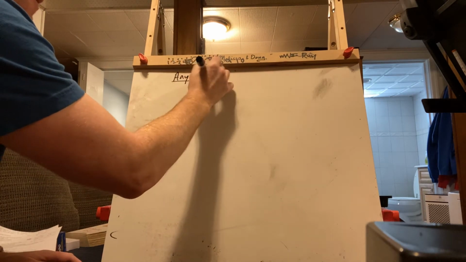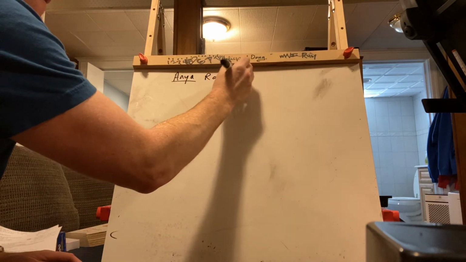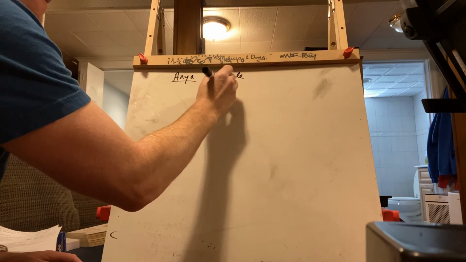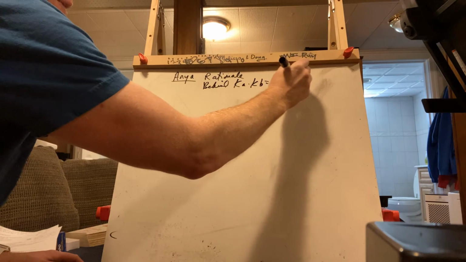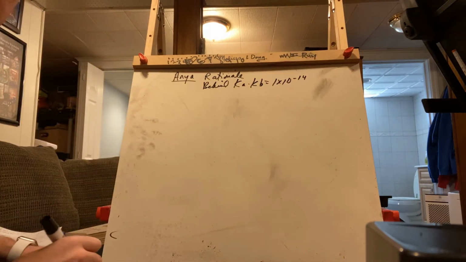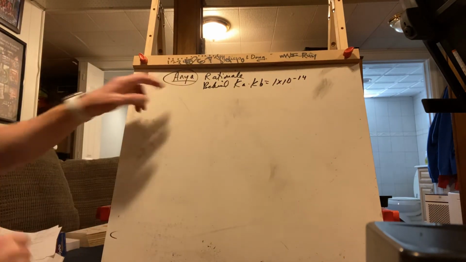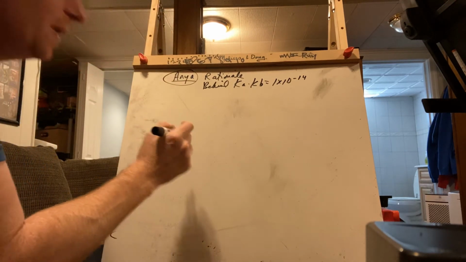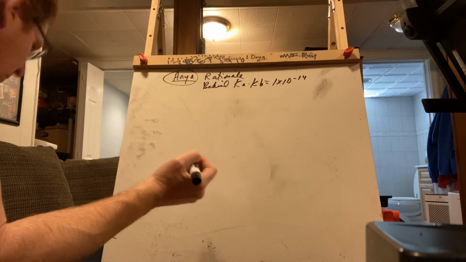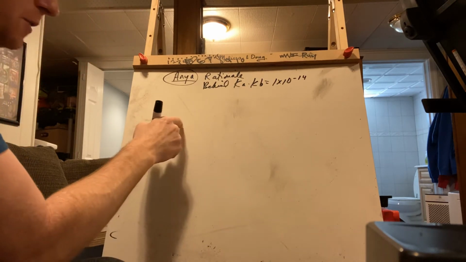Anya was asking me about the rationale behind Ka times Kb equals 1 times 10 to the negative 14th. So remember, this is for Anya's question. So if you're out there, Anya, this is for you. Also, Viraj and Kathy had alluded to this question as well.